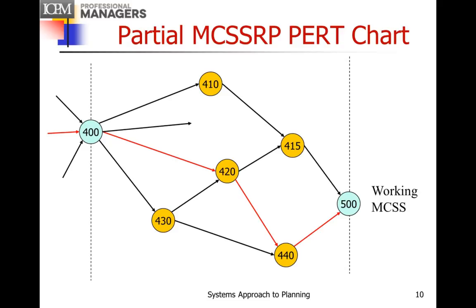You've got intermediate milestones 410, 415, 420 and so on, and the critical path is shown in red as you can see it. So those of you in management should know what a PERT chart is.